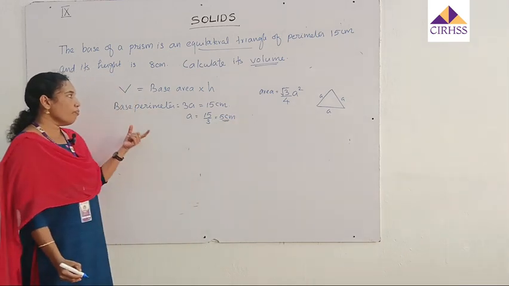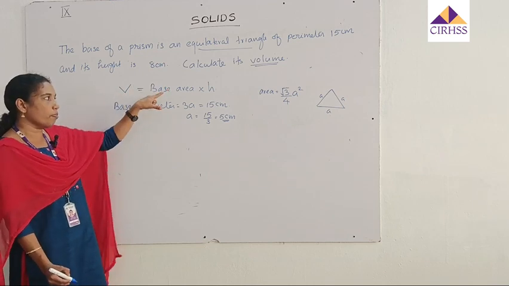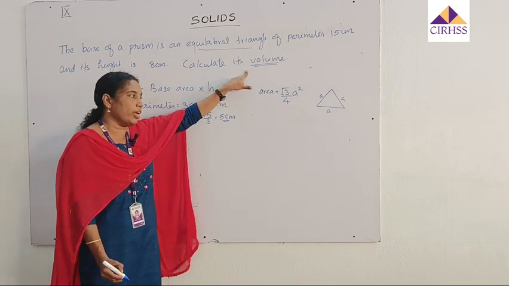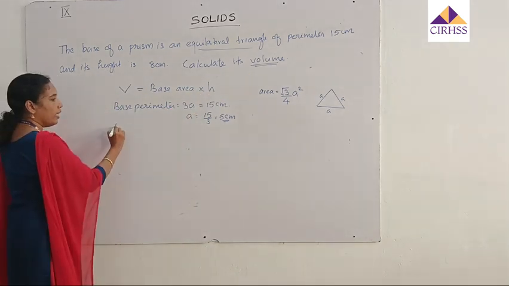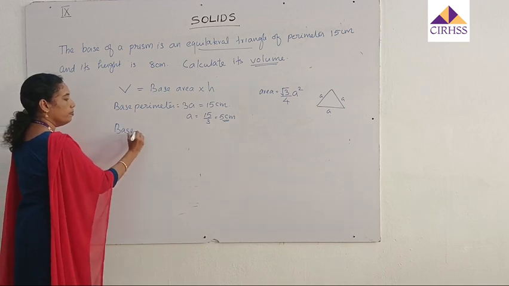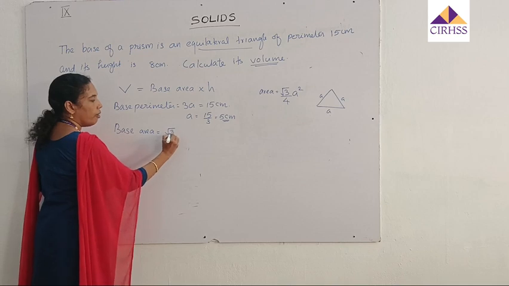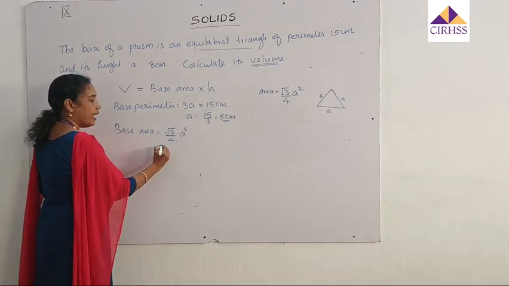Then we can find out base area and substitute the value for base area and height in this formula. We will get volume. Okay, so we have to find out base area. Base area equal to root 3 by 4 a square. What is a?